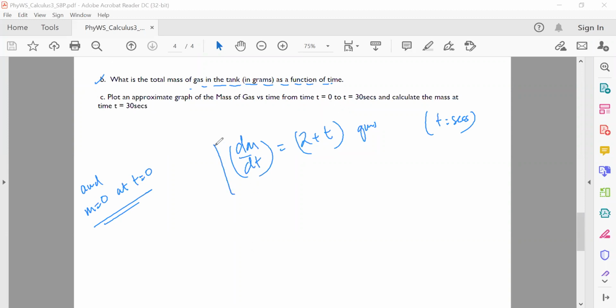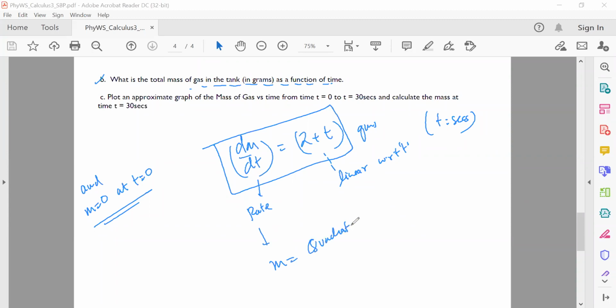Now if you look at the rate of change, you can see that this rate is linear with respect to time. So what we can say about the mass itself is that it should be quadratic in time, because we know that the rate of change of a quadratic function is a linear function.